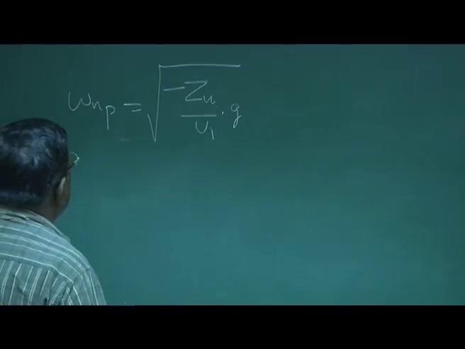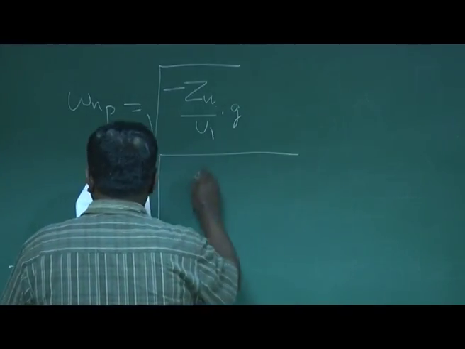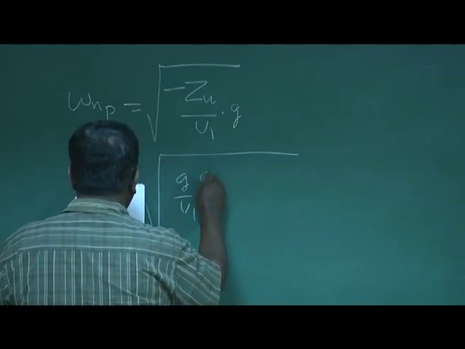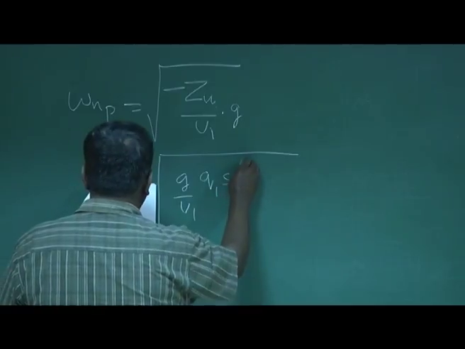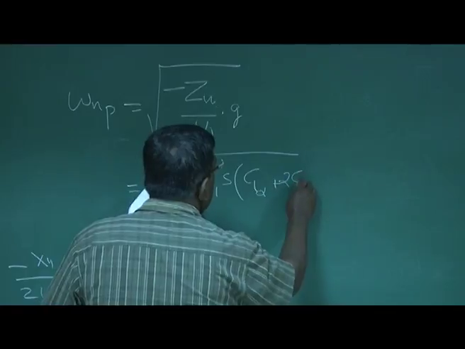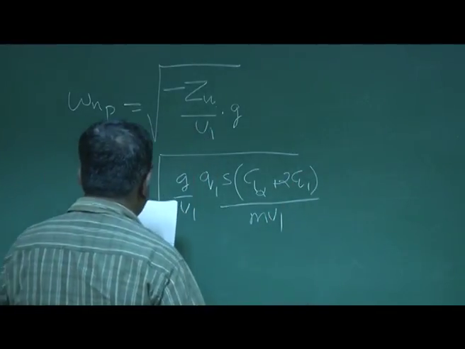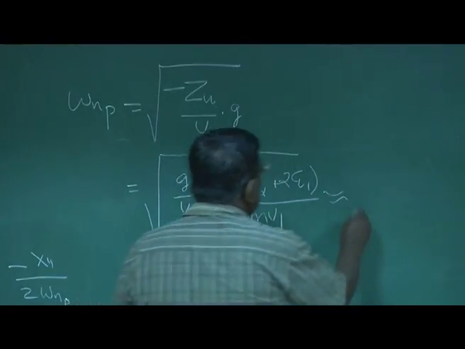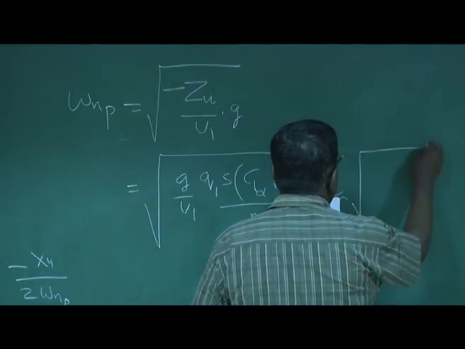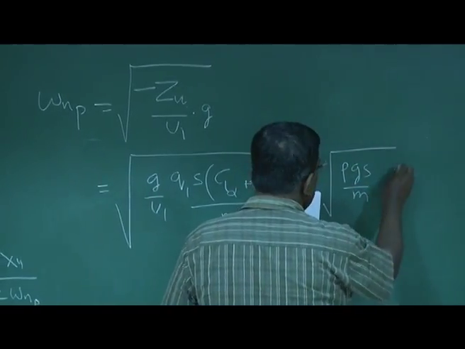And for zu, you know the expression, so I put that. This is equal to g by u1 into Q1 S into CL alpha plus 2 CL1 by m u1, which I can approximate to under root of rho g S by m into CL1.